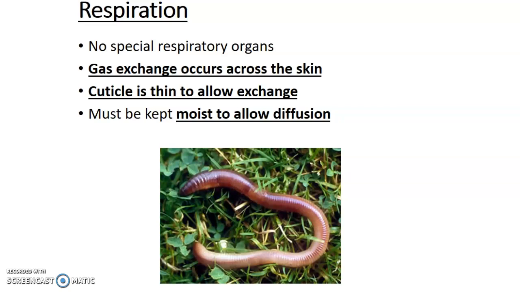Respiration, and this links us back to our extra credit that I'm offering to you. They actually have no respiratory system, which would kind of make you think that you're taking a step back. They just have kind of found a backdoor away from being able to undergo respiration. Gas exchange for them is actually going to occur across their skin, and that is why they have to stay moist.